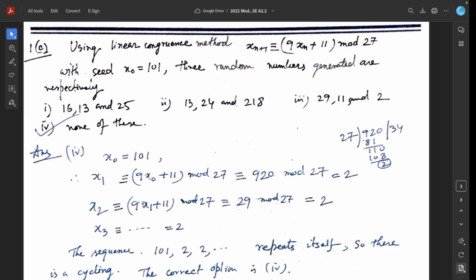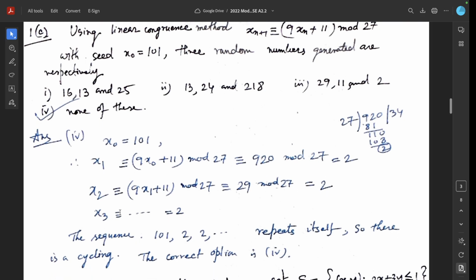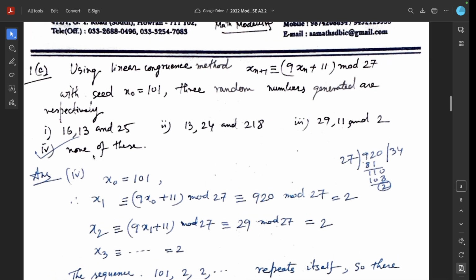And x2 equal to 9 x1 plus 11 is equal to 9 into 2, 18, plus 11 equal to 29 modulo 27. So the residue is 2. And so on, x3 equal to 2. So we have the sequence 2, 2, 2, 2 and it repeats itself. So they are just cycling. So the correct option is none of these.